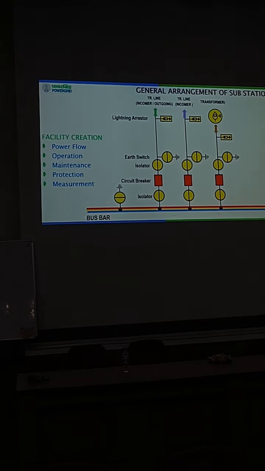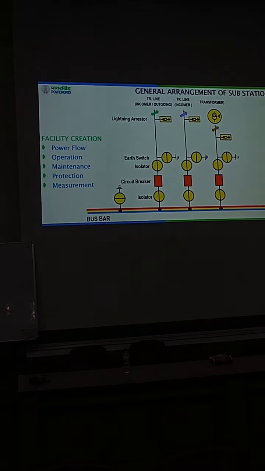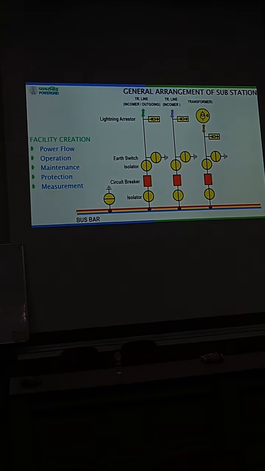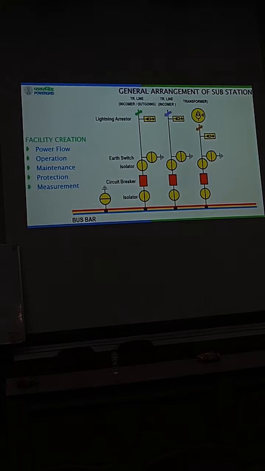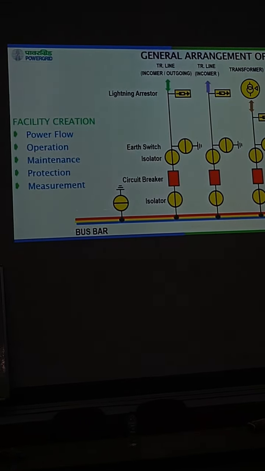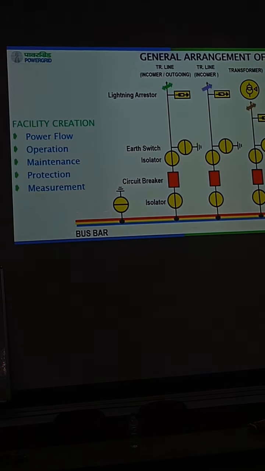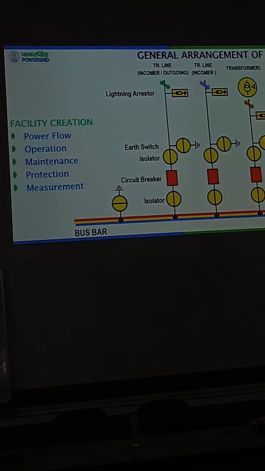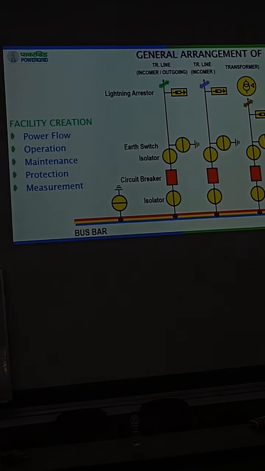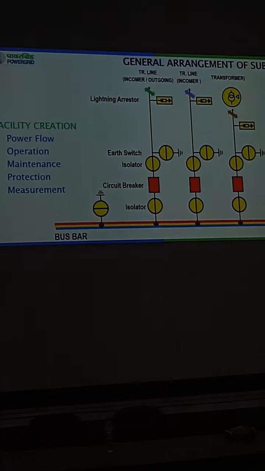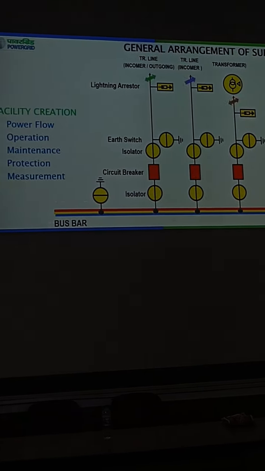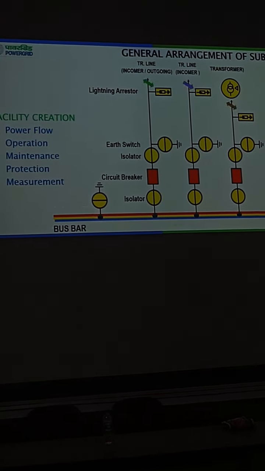The next requirement will be measurement. Why do you go for measurement? Because you need to know the current value, voltage value, the parameters. This asset we are creating is not for social purpose, it is for commercial purpose.